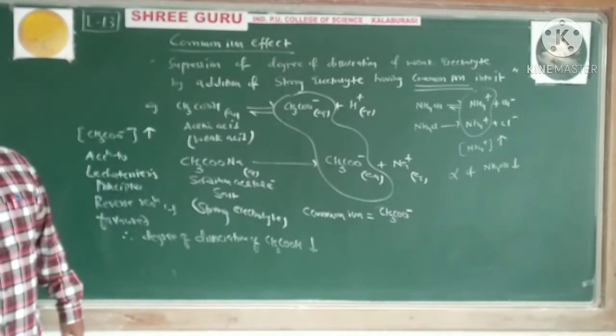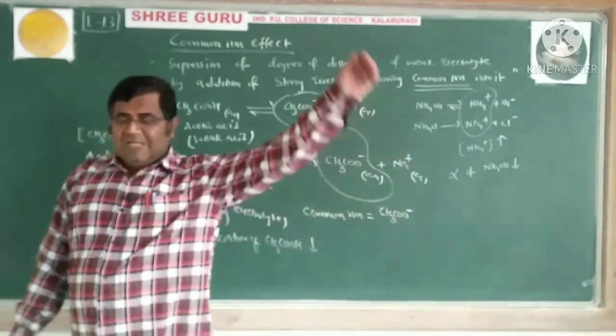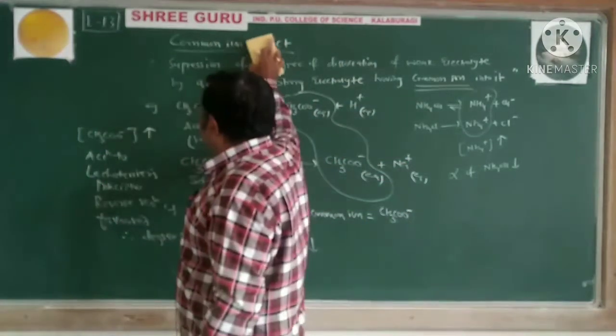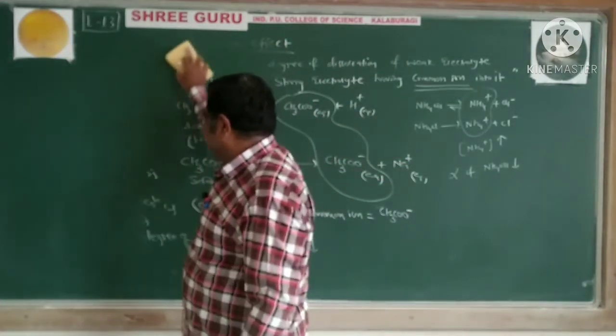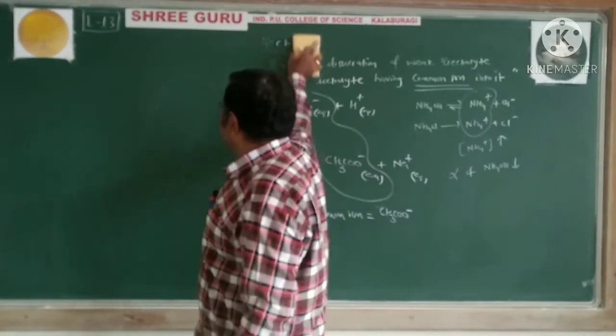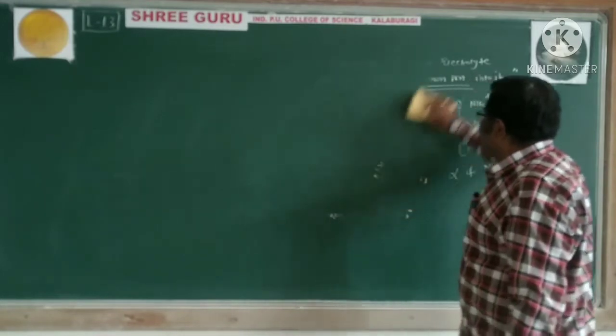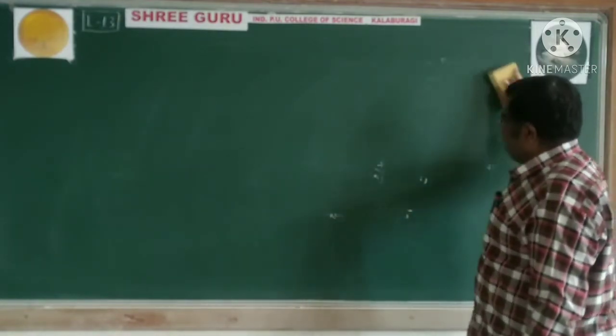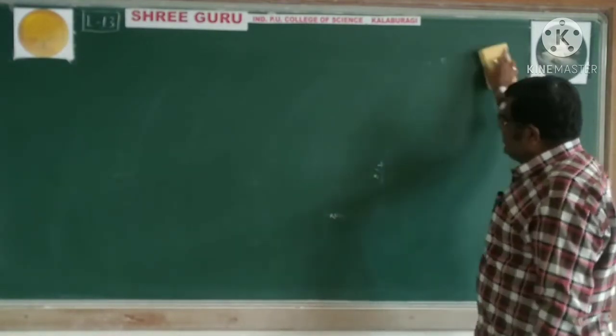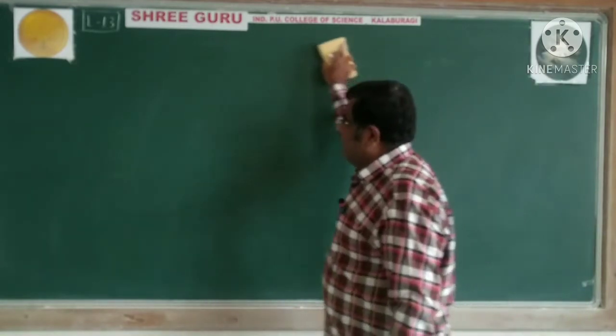Now we'll go to the last theoretical concept called solubility product. Solubility product of a salt, of course. Dissociation constant of acid Ka, dissociation constant of base Kb.